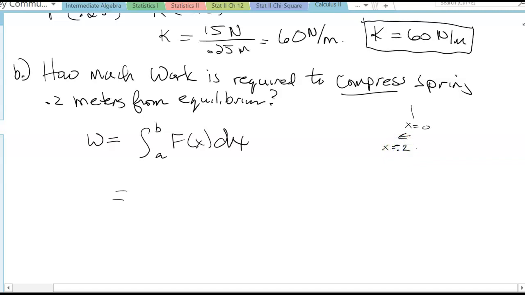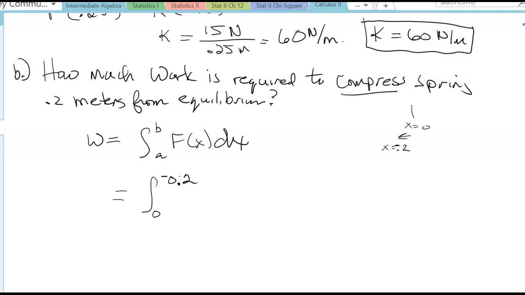But our starting distance is 0, and this is important. When you're setting up your integral, your initial location is 0. You're going from 0 to negative 0.2.